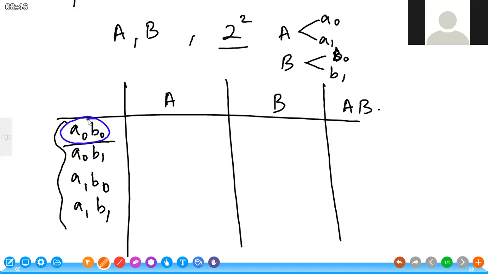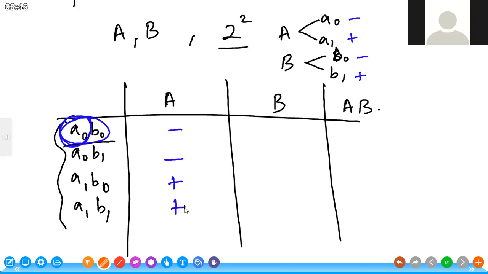You see here, the lower level is given as minus, the upper level is given as plus. So look at what is happening to A. A naught is minus, A1 is plus: minus, minus, plus, plus.